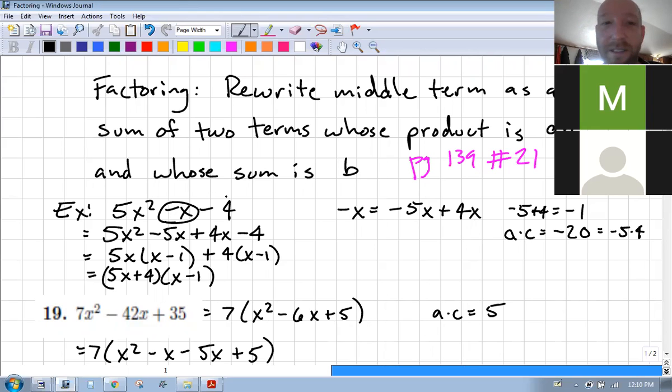Our A and our C. A is 5. C is 4. Oh, C is negative 4. So our A plus C is negative 1, but our A times C is negative 20.